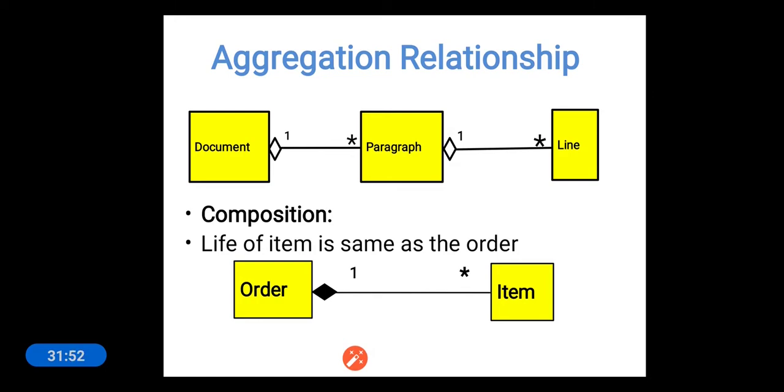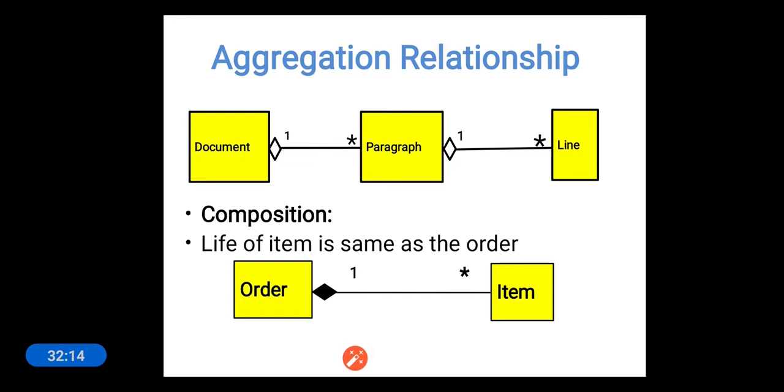So until the items are there, the order will be present. If there are no items, then obviously there will be no order object. So here the lifespan of both order and item objects is the same. That means there is an aggregation and that aggregation is a composition.